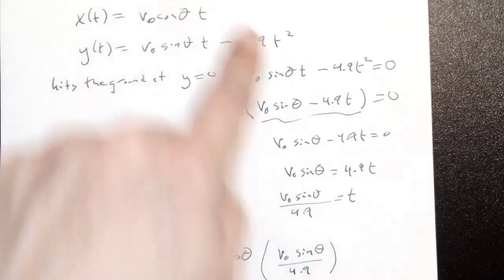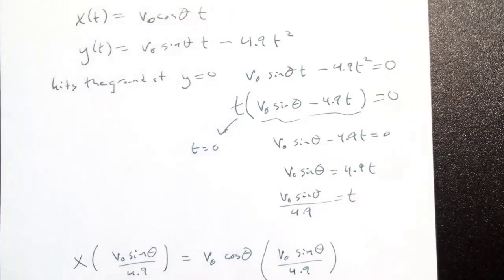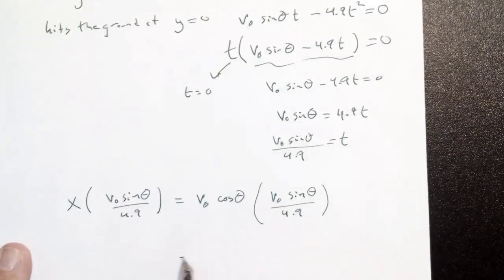V naught cosine theta times t. I just put the t in. I have two V naughts. They're being multiplied. I have V naught squared. I have cosine theta, sine theta over 4.9.